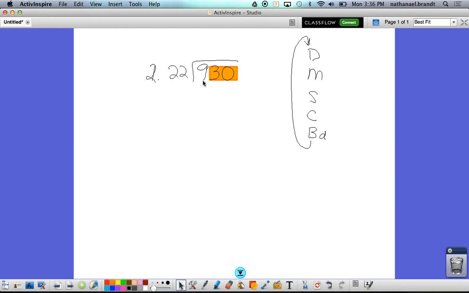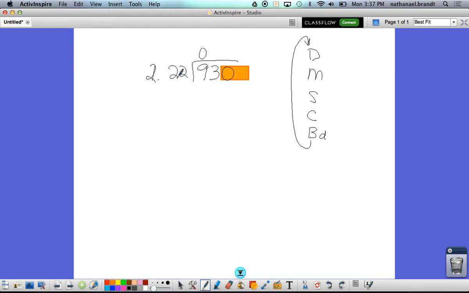If I have 9 apples, how many groups of 22 can I get? Can't get any. Now I slide over and use the next digit, so I have 93. If I have 93 apples, can I make a group of 22?